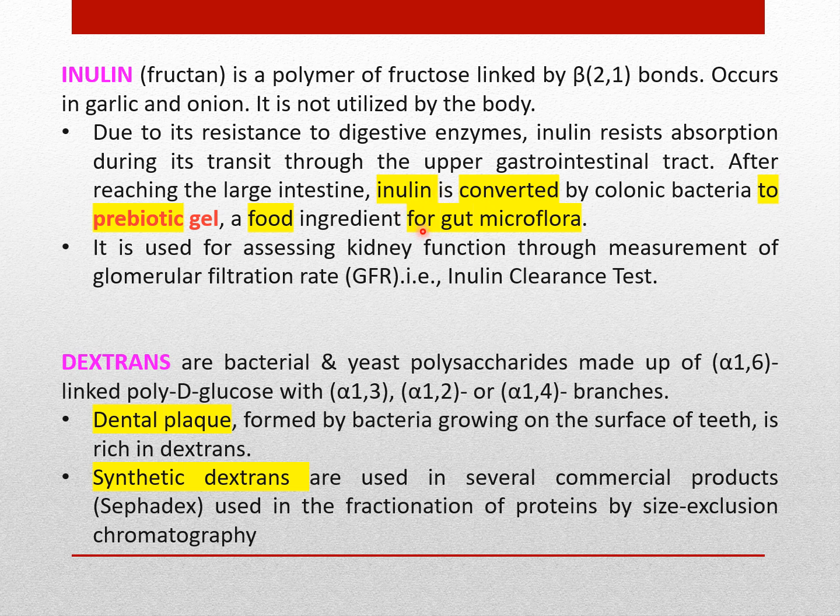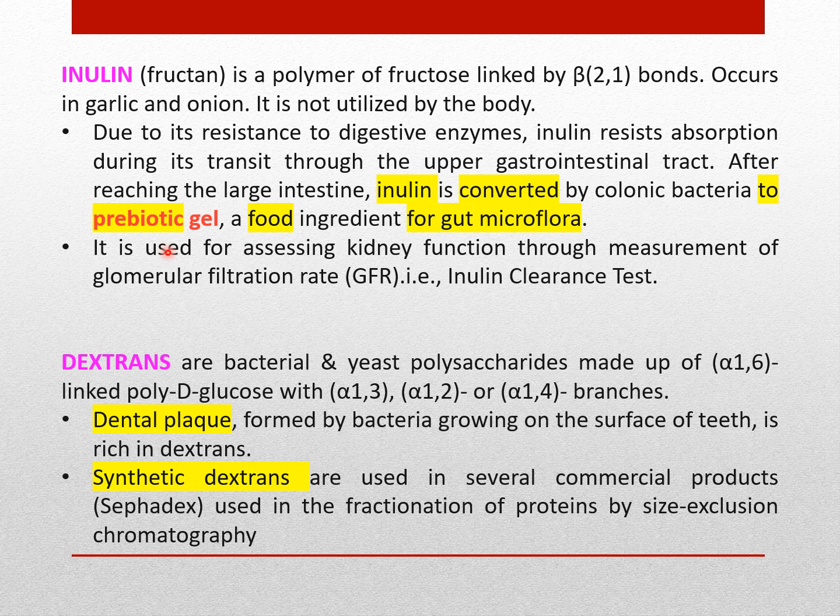where inulin will be firstly converted to prebiotics. Compared to probiotics, prebiotics are more of food for our good microbes in our body, while probiotics are the good bacteria itself. Okay, so look like inulin.